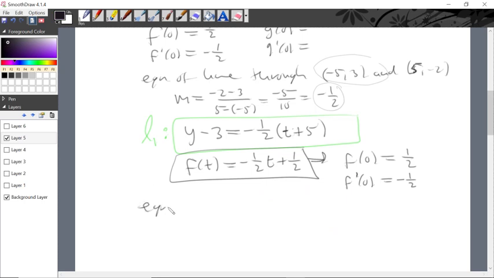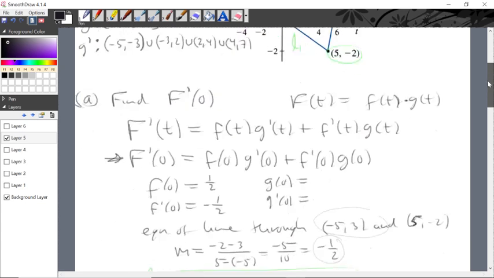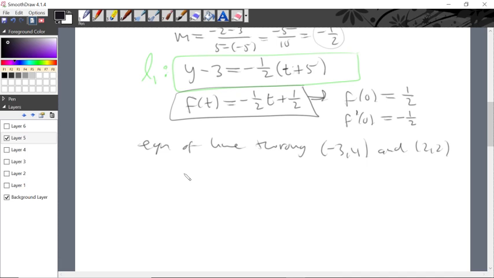Let's find the equation of the line through (-3, 4) and (2, 2). So, repeat the process. The slope is y2 minus y1 over x2 minus x1.